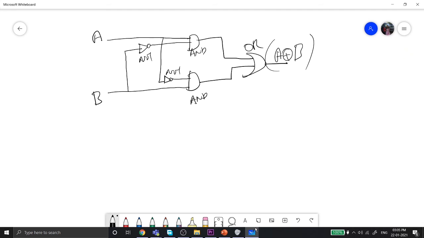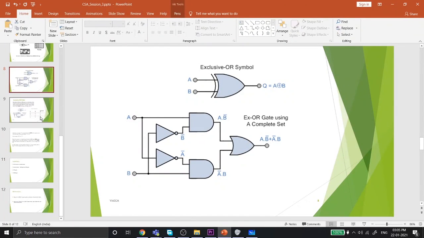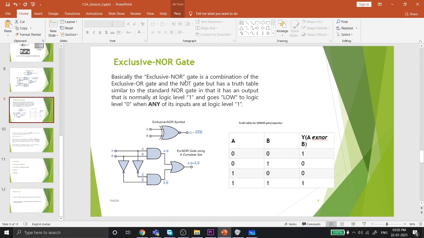Thank you. And I think I have something more to cover. Let's see. The exclusive NOR gate, and that's also the opposite of the exclusive OR gate. You just have to add a NOT gate in front of the exclusive OR gate, right? Exclusive NOR gate. If both inputs are the same, the output is 1. So it's easy to construct.